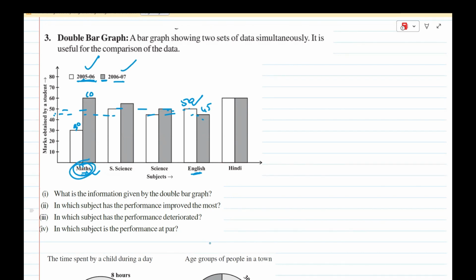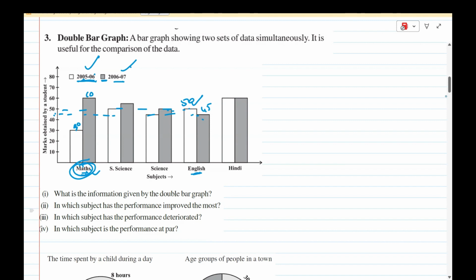Now let's answer from the graph. What is the information given by the double bar graph? So here, the information given is the marks obtained by the student for 2 consecutive years, that is 2005-2006 and 2006-2007, for a particular subject.